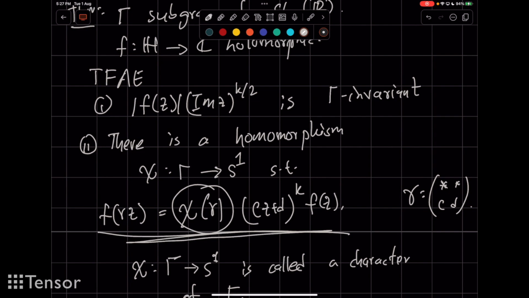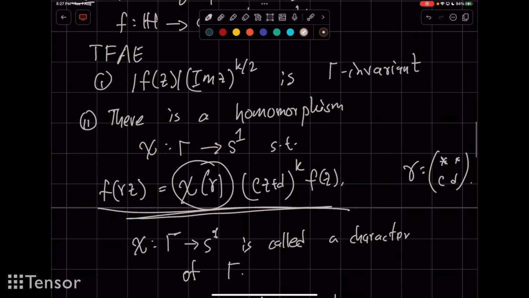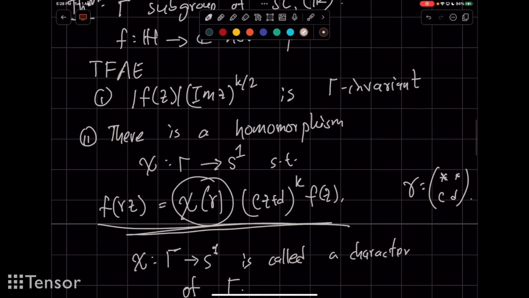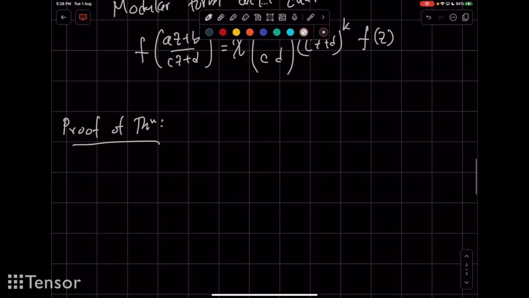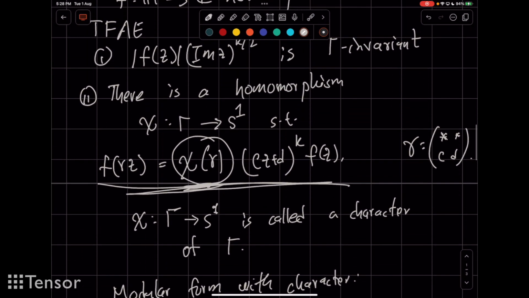So 2 implies 1 is pretty obvious, because we proved that if f is a modular form, then |f(z)| times the imaginary part of z to the power k over 2 is SL2(Z) invariant. The proof is almost identical to that, but this time we have a term of modulus 1 in front. So the direction 2 implies 1 is trivial.